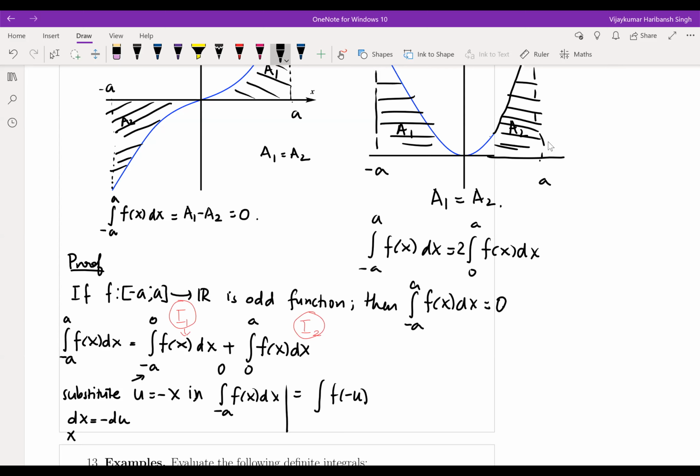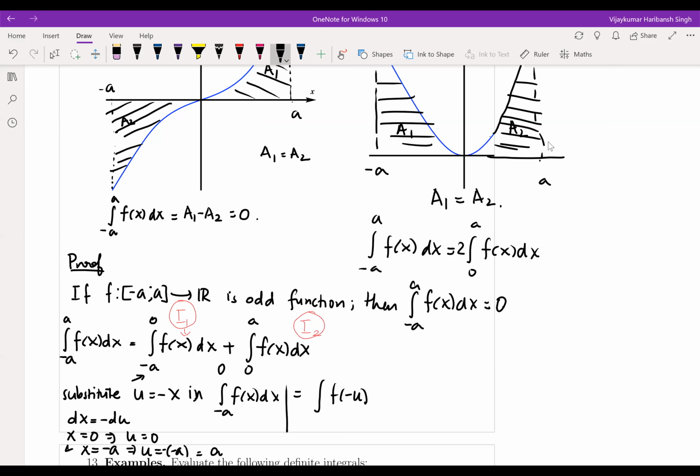And when x is 0, u is 0. And when x is minus a, u is minus of minus a, which means u equals a.